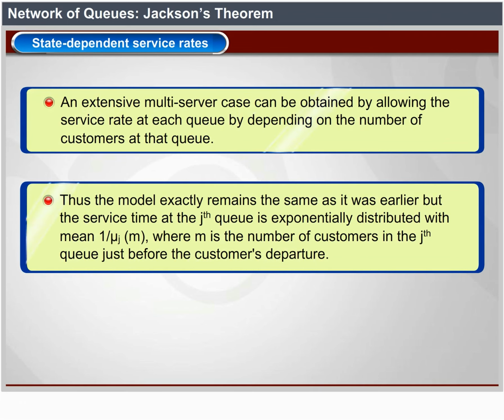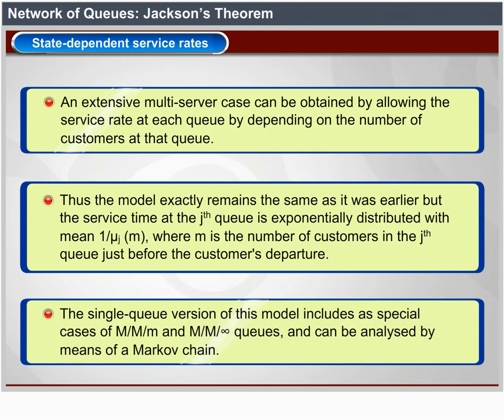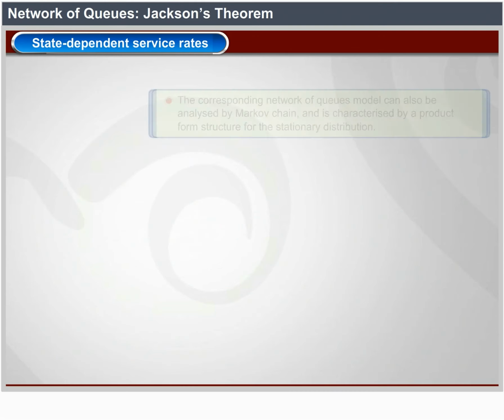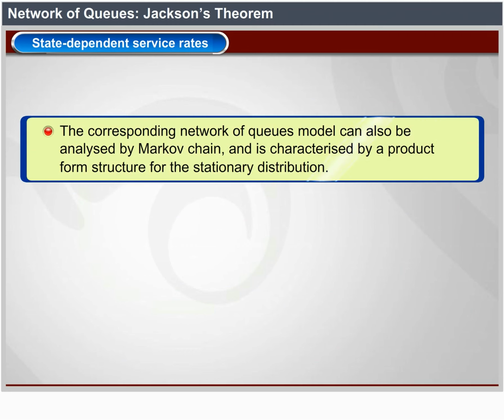The single queue version of this model includes as special cases the M/M/m and M/M/infinity queues and can be analyzed by means of a Markov chain. The corresponding network of queues model can also be analyzed by means of a Markov chain and is characterized by a product form structure for the stationary distribution.